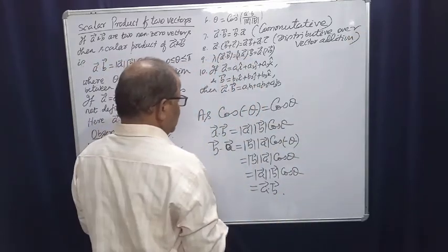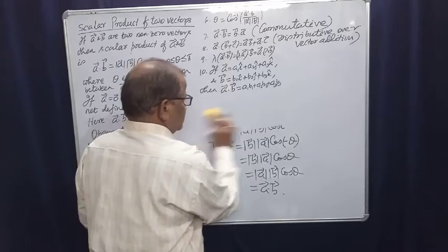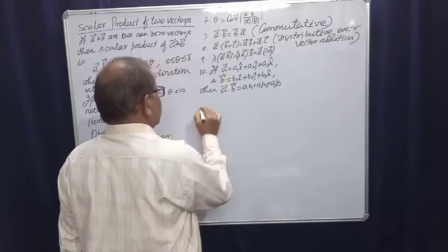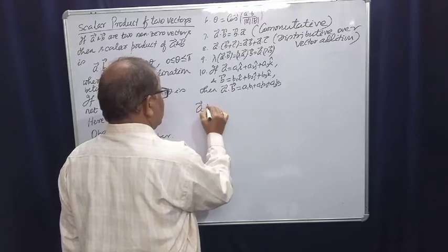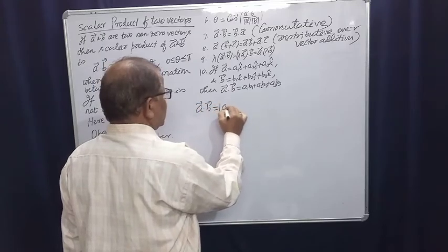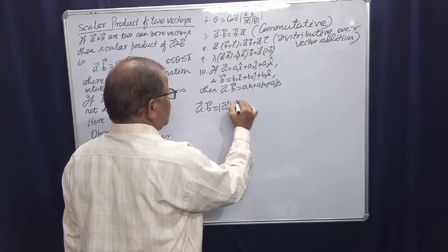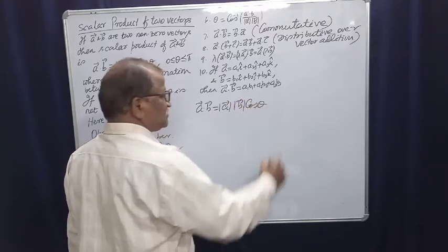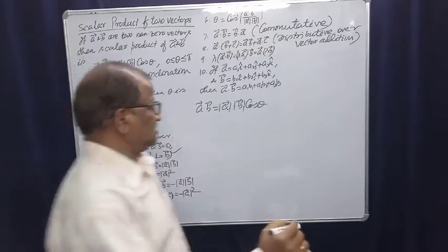So now we can observe here, A dot B is equal to magnitude of A into magnitude of B cos theta. What is this B cos theta? Let us see.